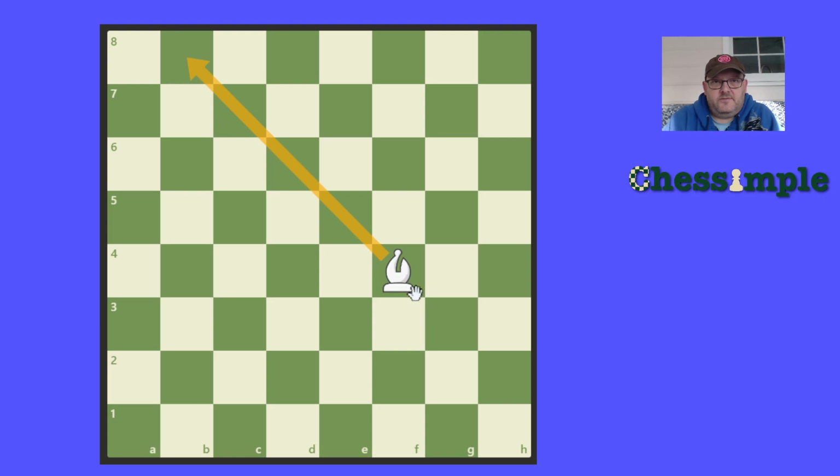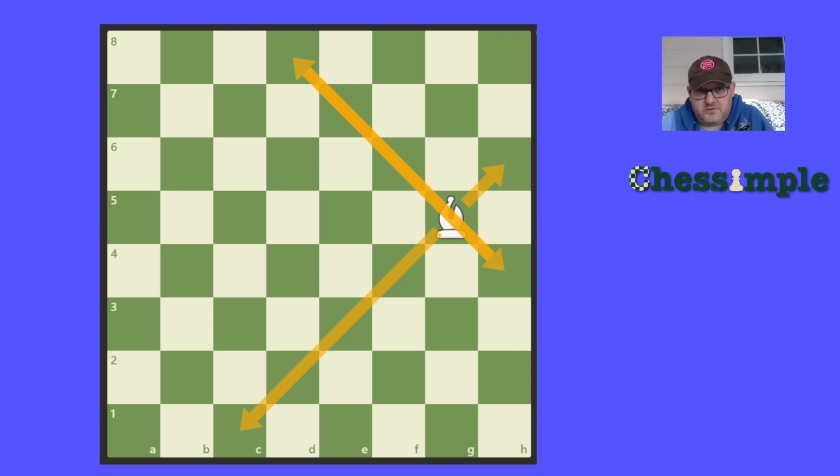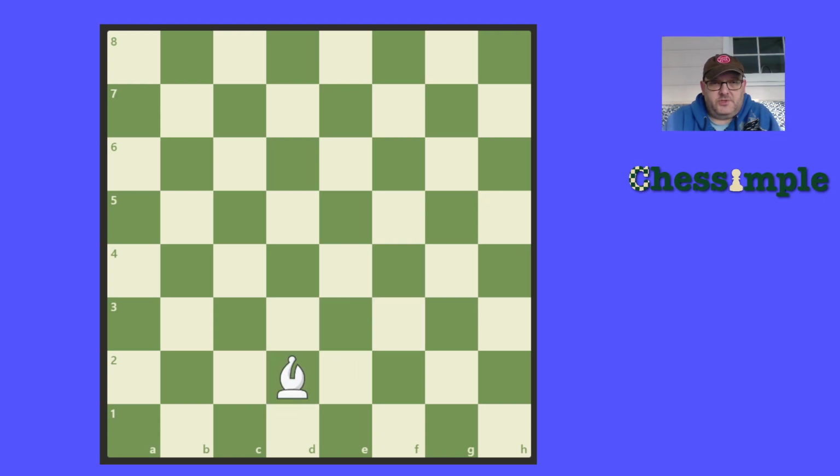From F4, it now covers the H2 to B8 diagonal, in addition to still covering the C1 to H6 diagonal. And finally, on G5, it now covers the H4 to D8 diagonal and still covers the C1 to H6 diagonal. So we just looked at the 4 natural developing squares for the C1 bishop.